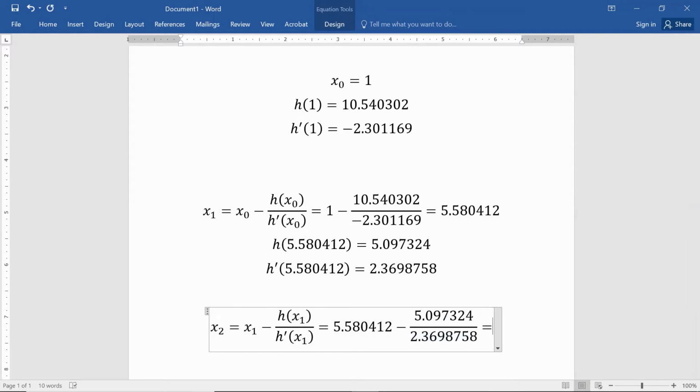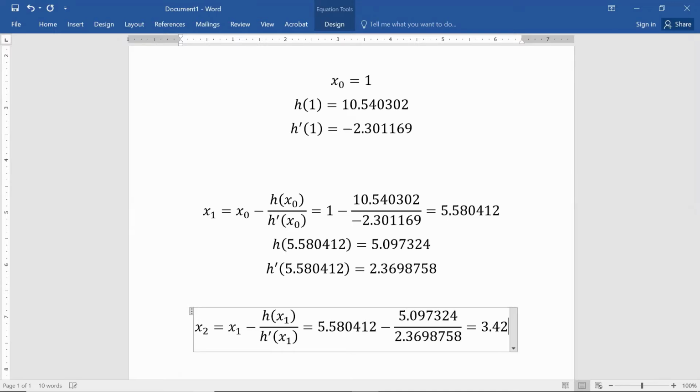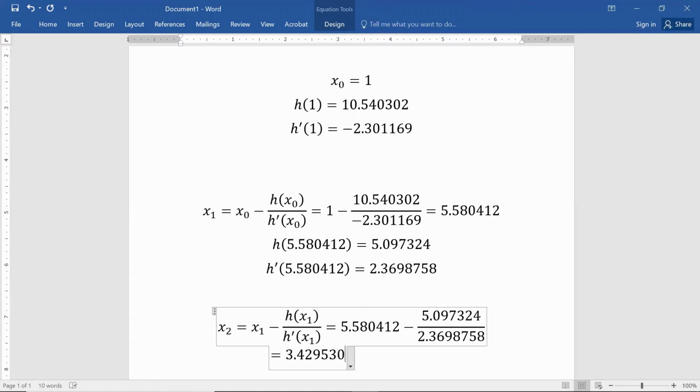When you type that number into your calculator, you end up with approximately 3.429530, rounded to 6 decimal places there.